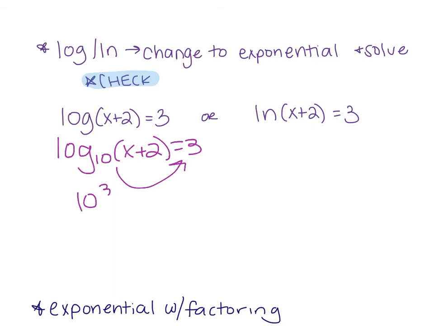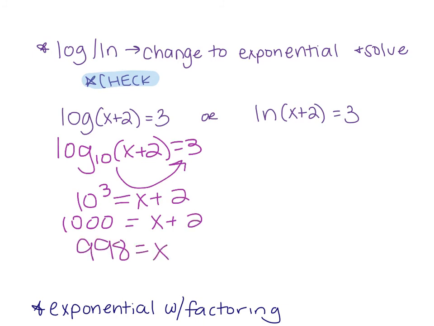I get 10 to the third equals x plus 2. 1,000 equals x plus 2, and 998 would equal x. Take it, plug it back in, make sure it's positive next to that log.